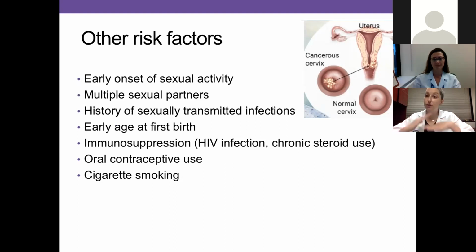Anything that decreases your immune system, such as an HIV infection, certain medication use, or chronic steroid use, can put you at risk for cervical cancer. And then cigarette smoking can also decrease your immune system. Cigarette smoking and HPV work together to cause abnormalities on the cervix.